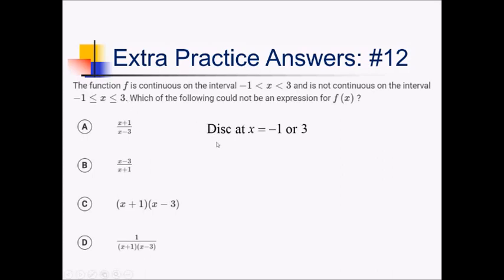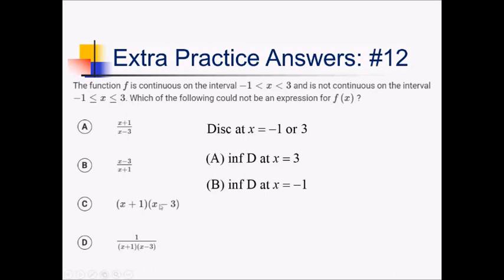So taking a look at our possibilities here, choice A has a discontinuity at x equals 3, an infinite discontinuity. So choice A could be the function that they're talking about. Choice B has a discontinuity at x equals -1, so that could also be this function that's not continuous on the closed interval from -1 to +3.